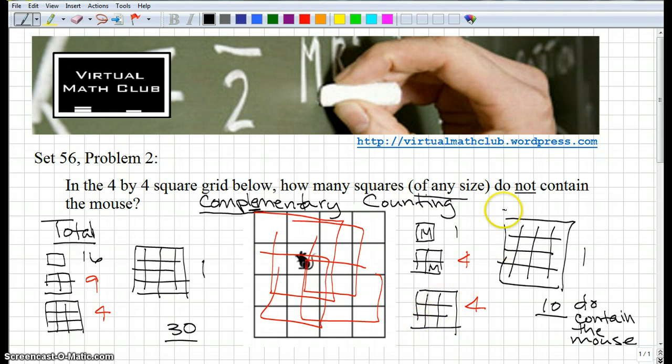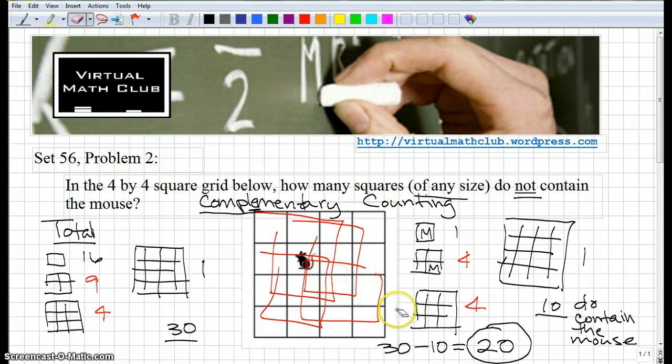So if we're trying to count those that do not contain the mouse, we can take the total and subtract the ones that do contain the mouse, and then what's left over will be the total that do not contain the mouse. All we need to do is take the total number of squares, subtract the 10 that do contain the mouse, and that means there are 20 squares that do not contain the mouse. Right? Good.